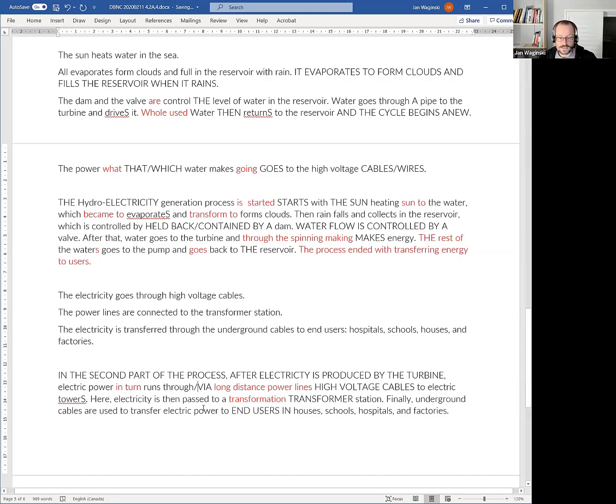Right, like viaduct, but via means through, and it's a fairly sophisticated word, but it's a very common word, and it's only 3 letters, and it's great to use. So electric power runs via high voltage cables to electric towers. Okay, your choice. Runs through, runs via. All right, very nice. So we're done.